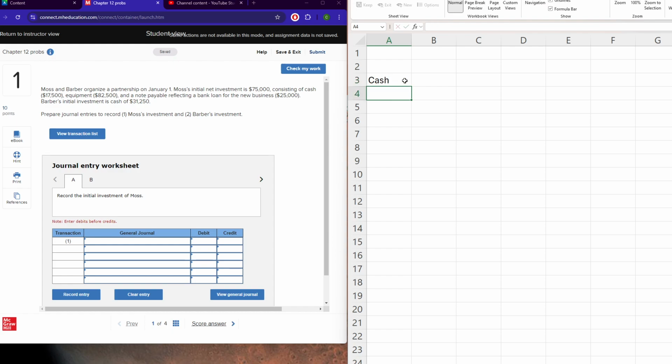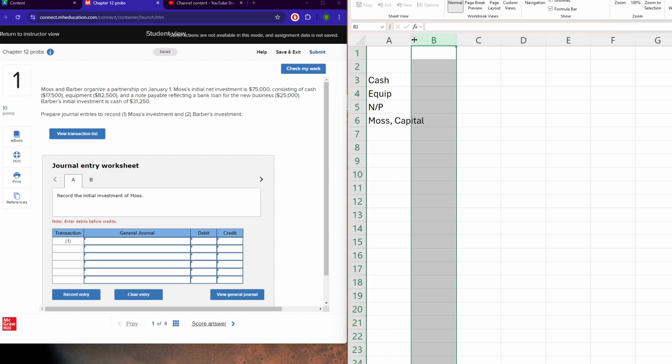We're going to have equipment. It's notes payable, so I'm putting N/P here. And then we'll have his capital. So this is Moss capital. Okay. So this is what's coming in this transaction here.